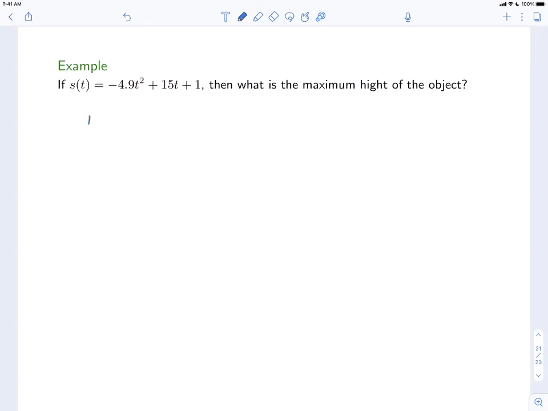We're going to find the value of t for which the velocity is equal to 0. For that time, s at t will be at its maximum value.